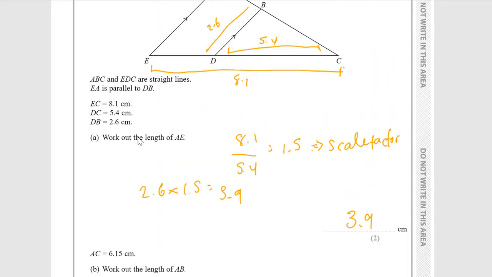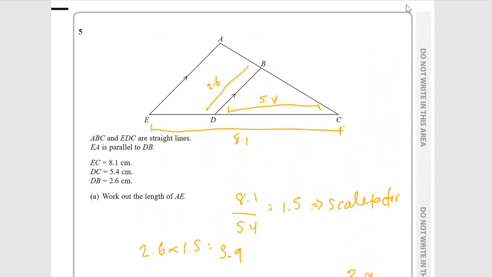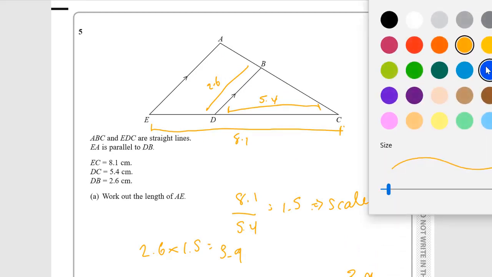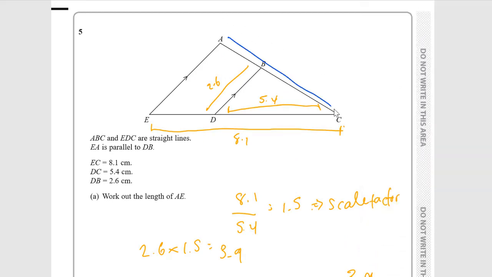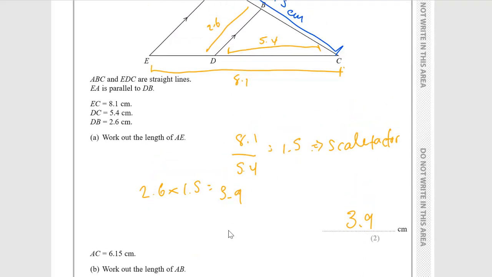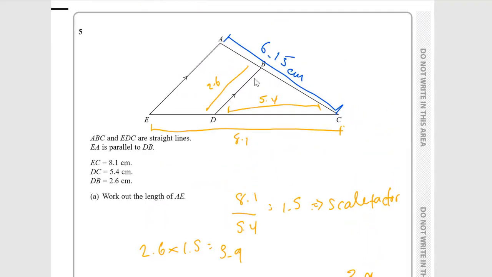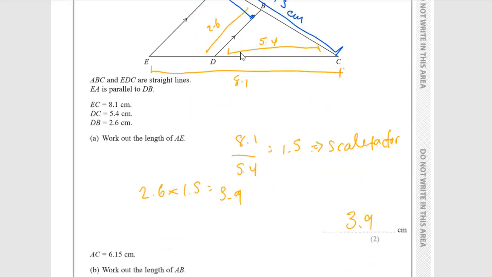So AC is 6.15 centimeters, and it says work out the length AB. So it wants you to work out this length. Oh, no, sorry, not that length. It wants you to work out this length here, AB.